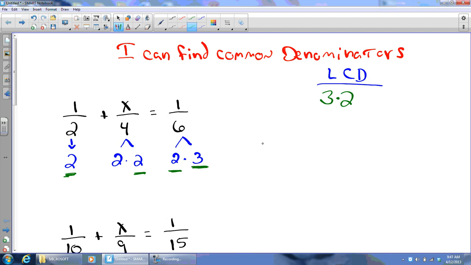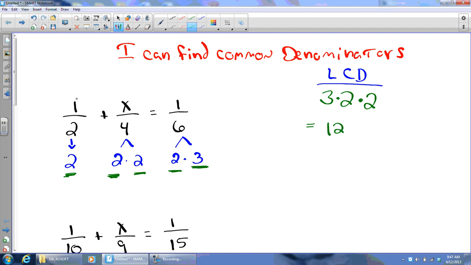Now, are all factors of my denominators represented? No, this 2 here hasn't been underlined. So I'm going to need another 2 over here, and he will take care of him. That means my LCD of this equation is 12.